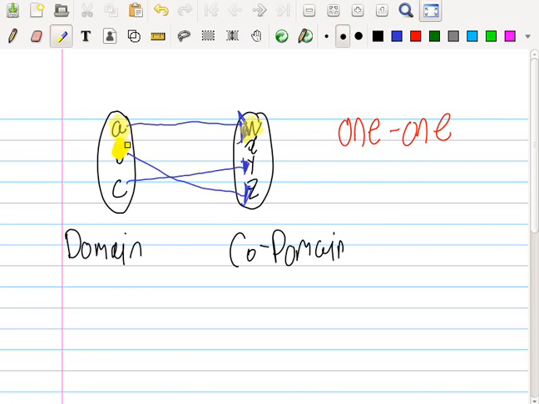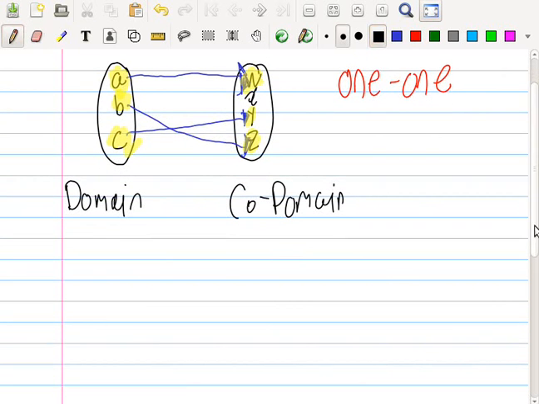So for example, B goes to Z, and only B goes to only Z. And C goes to Y, and only C goes to Y. There's no repeat in here, okay? So 1-1 is like uniqueness. Each value that's unique goes to a value that's also unique. Or in other words, each different input goes to a different output. So this is called a 1-1 mapping.